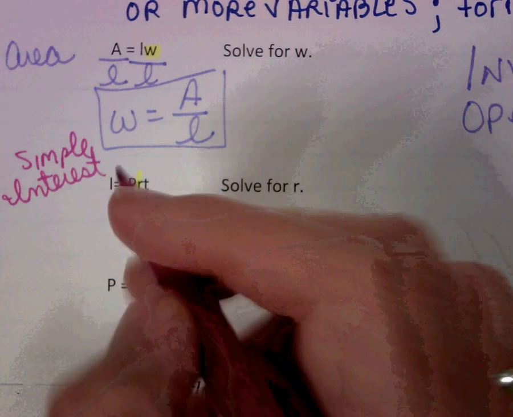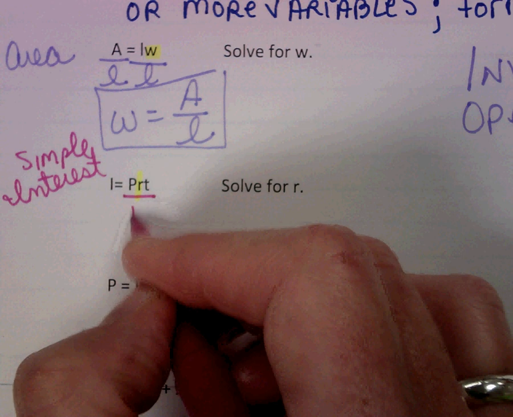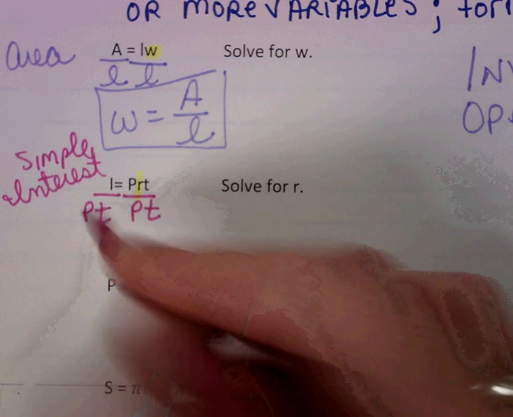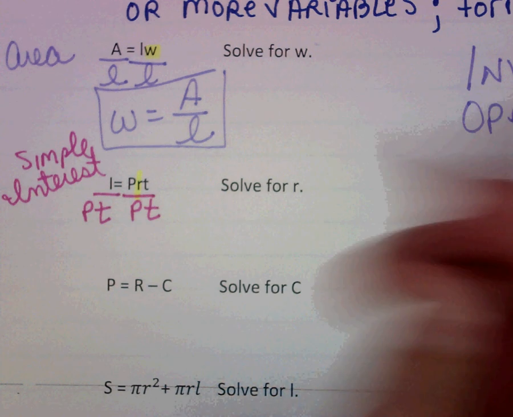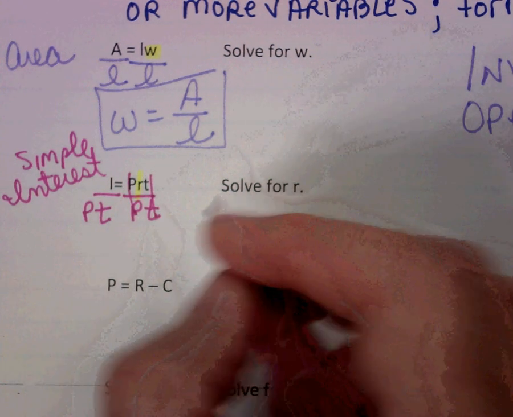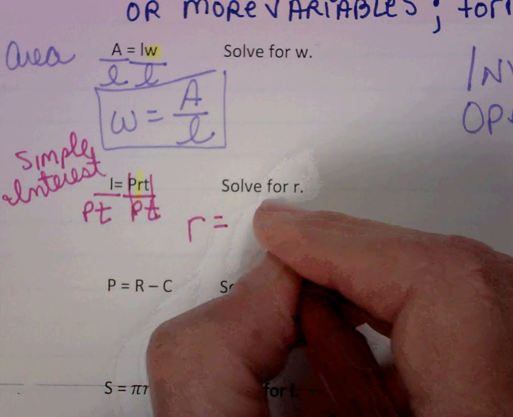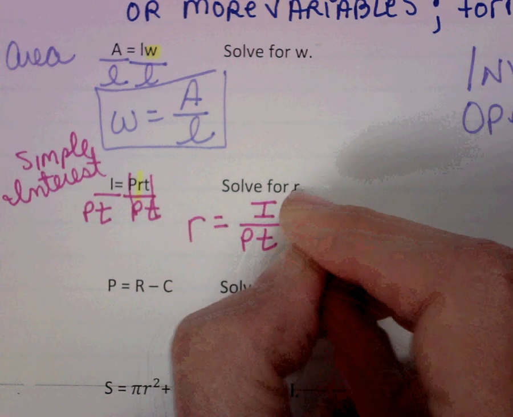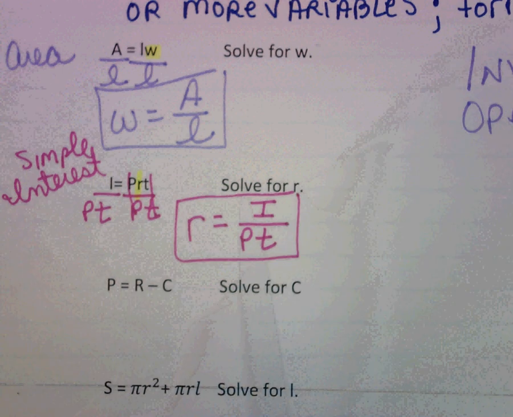What's the opposite of multiplying? It would be to divide. So I'm going to divide both sides by P times T. So that cancels that out, and we get R equals I divided by P times T. And there you have it.